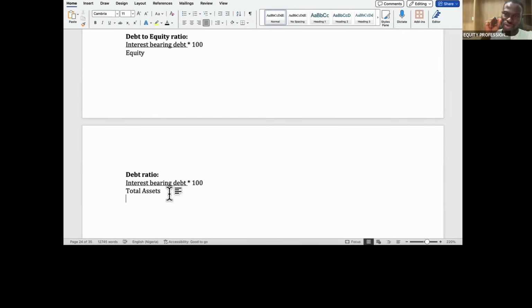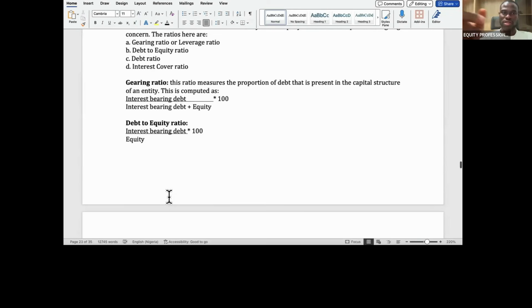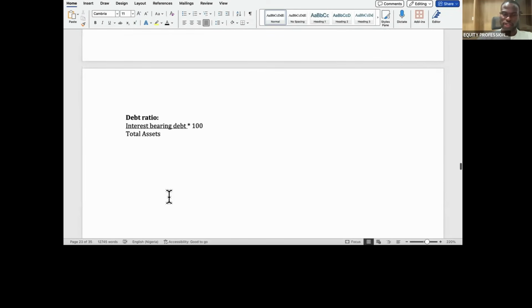If two sets of ratios are doing the same thing and you're computing the two, you're wasting your very useful time. When I solve past questions, you see the way I would just be exam focused.